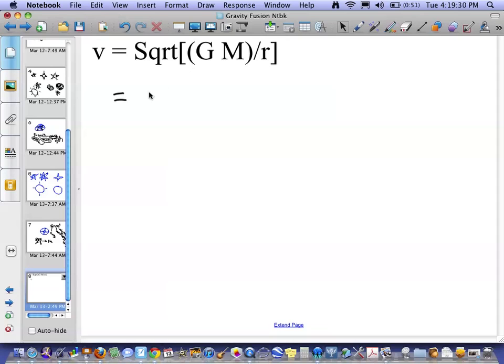So what I'm going to do is rewrite this, except instead of the G, the M, and the R, I'm going to put the actual numbers for my star and planet. So the first thing I want to do is write a big square root symbol.